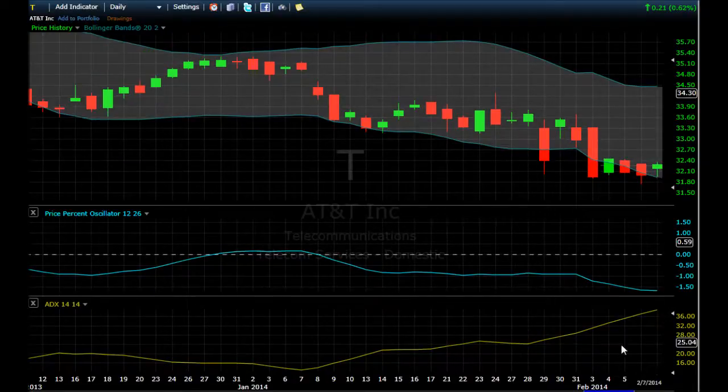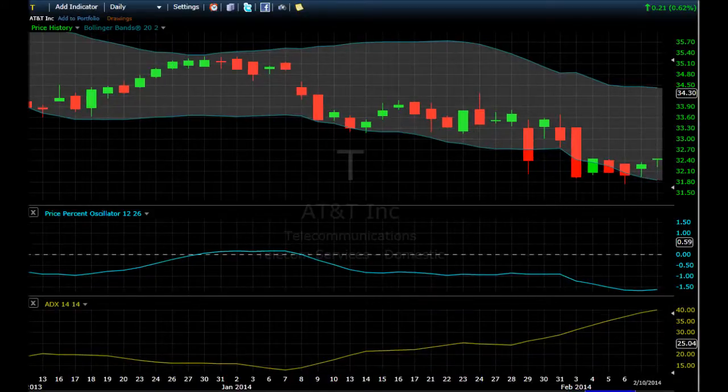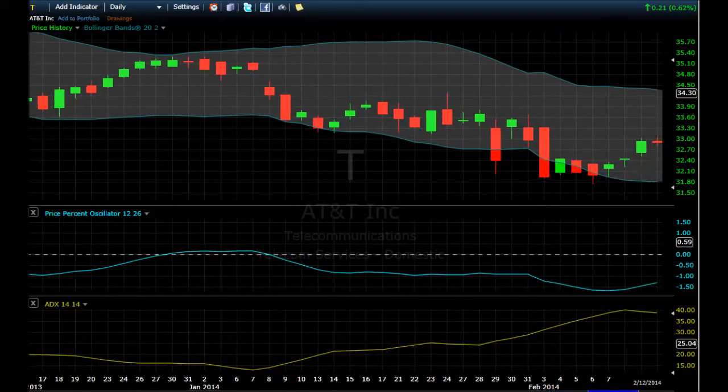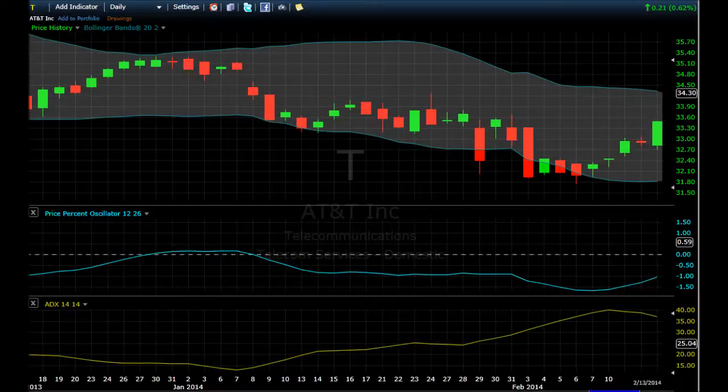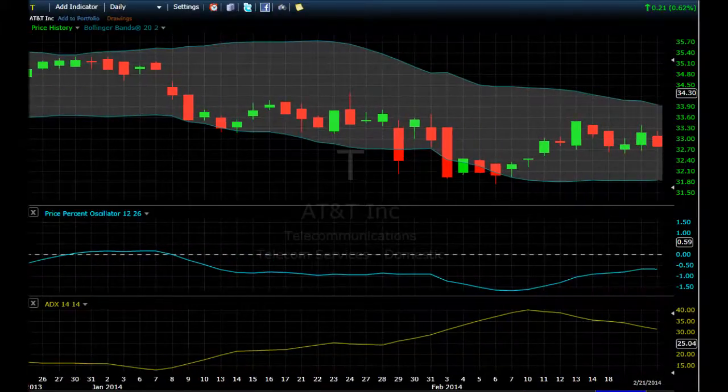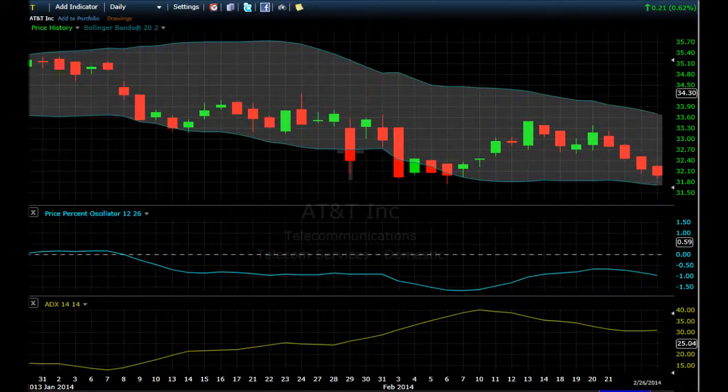And if you're quick, you could probably have taken a quick profit there, but it starts chopping. And as you can see, the PPO never gets to zero, and actually the stock starts declining, and there's a failed breakout.